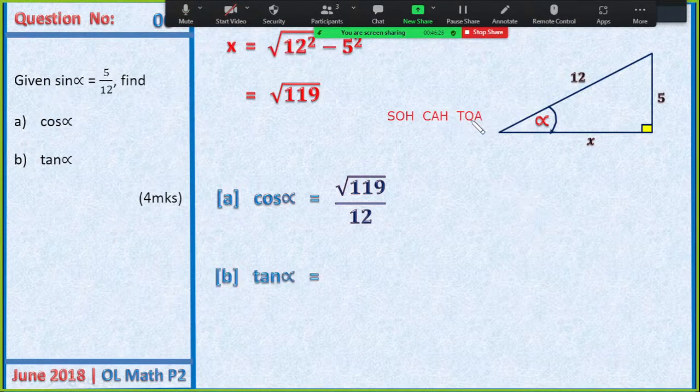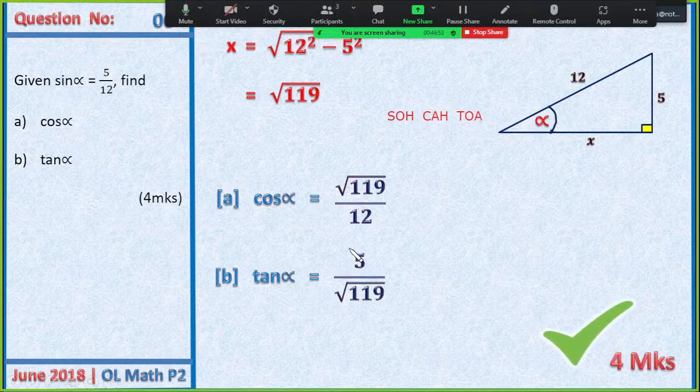What will be tan alpha? Tan alpha will be opposite over adjacent, from TOA.